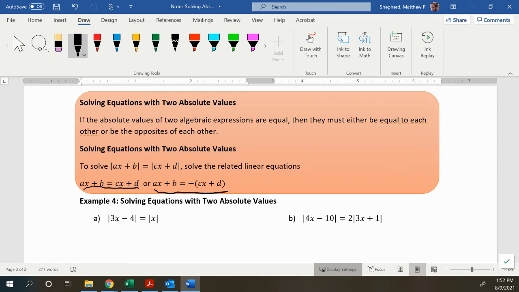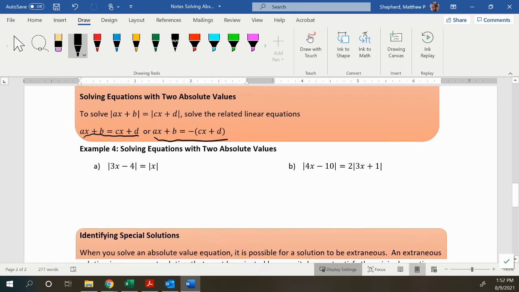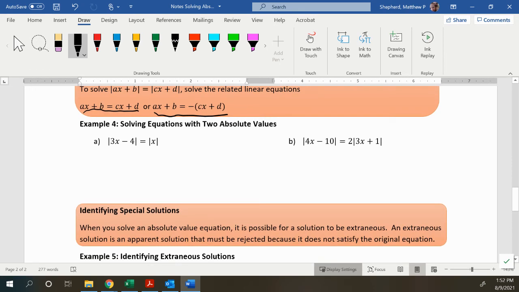So it pretty much looks like what we've already done. Okay, there's not going to be a huge change here. So this is going to split into two equations, one in which they are the same, and one in which they are opposites.